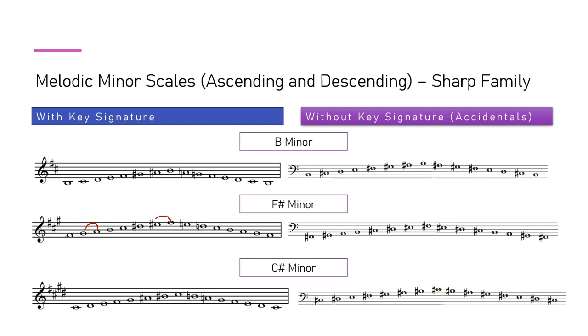So if you want to go through the accidental method, you go from F sharp to G sharp. Then this is the scale of A major. Like I said, the scale of A major that you have rearranged, starting from F sharp, which is the 6th degree in A major. So if you write out the scale of A major, you start from F sharp, the 6th degree, to F sharp.